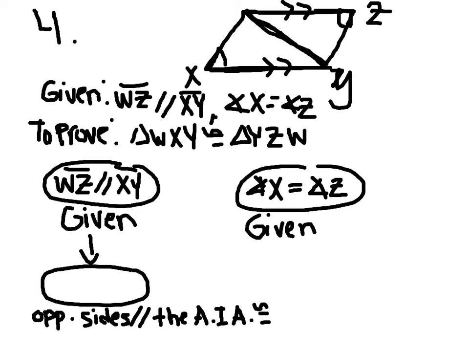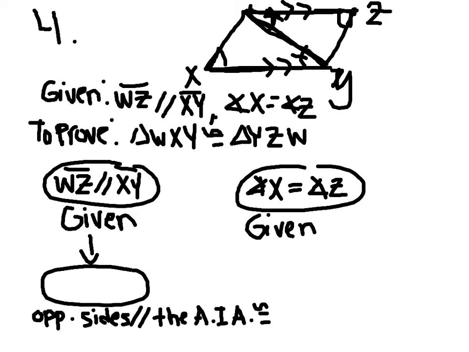Okay, so what does that mean? Well, we need to find the parallel sides. You see we've got WZ and we have XY. And so since these sides are parallel, the opposite angles, I'm going to put a little line here for it, are equal. Okay, see how we have those opposite angles there.